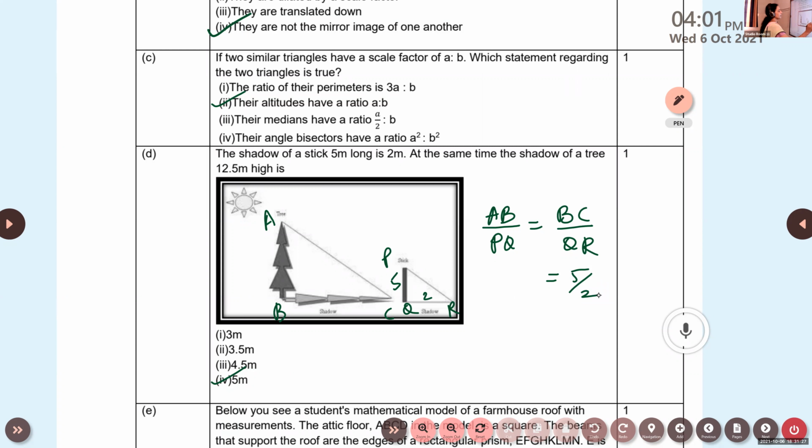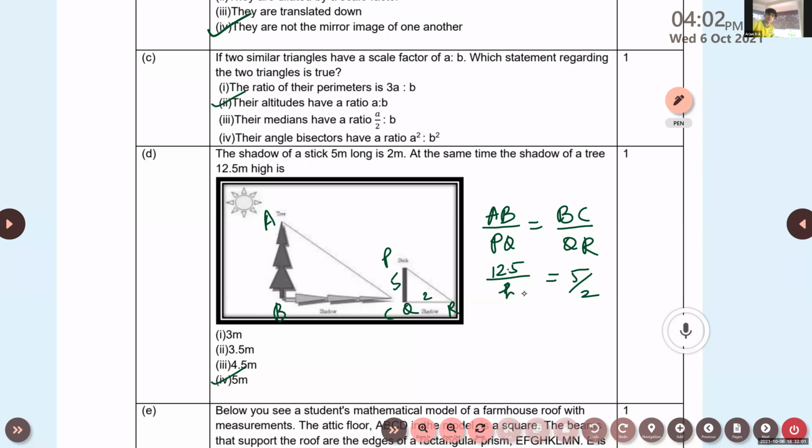12.5 means you have to find what's the height. Yes, Arjun, is it 3 meters?